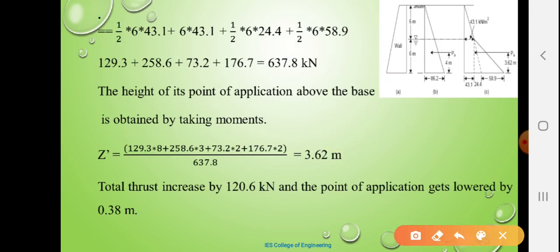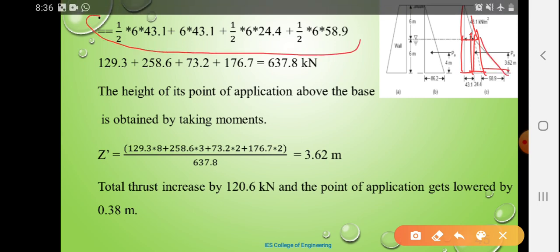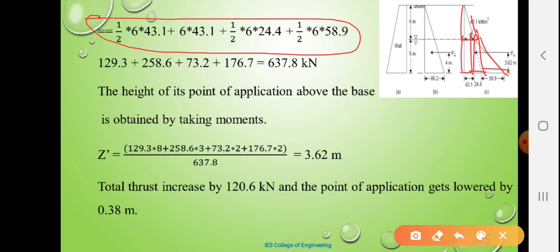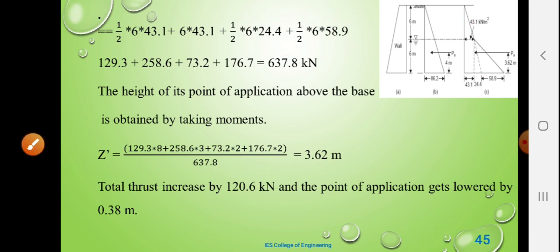That means area of this triangle plus area of this rectangle plus area of this triangle plus area of this triangle, equal to 1 by 2 into 6 into 43.1 plus 6 into 43.1 plus 1 by 2 into 6 into 24.4 plus 1 by 2 into 6 into 58.9 equal to 637.8 kilonewton.